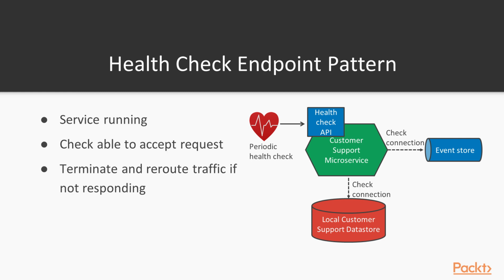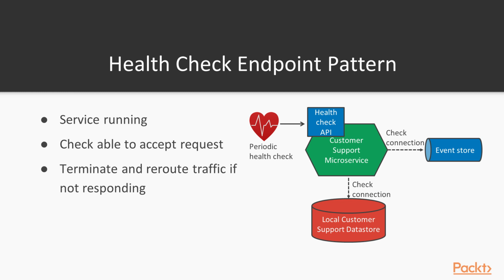Is the system still working? We use health check endpoints in order to do this. This is where we have a periodic check to make sure that the service is still running. This can be polling the service regularly. The health check endpoint should also check that the service can connect, for example, to the database, or run a lightweight integration test or test query.